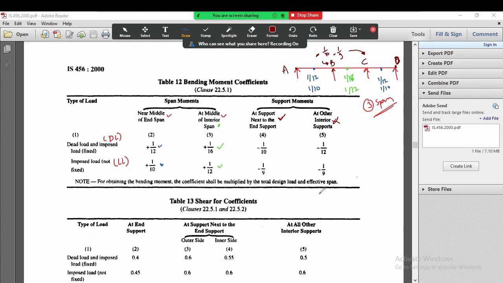First of all, we will calculate the bending moment at the middle of the end span. Write down these coefficients so that while calculating the bending moment you can tell me the values of the coefficients. So there is no need to share the screen.